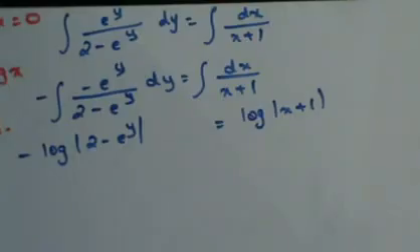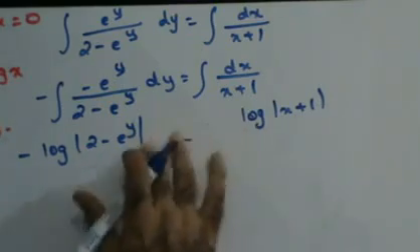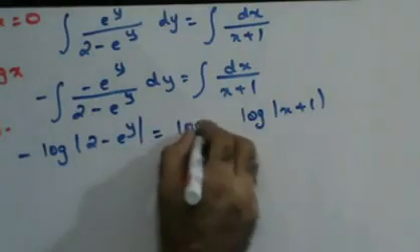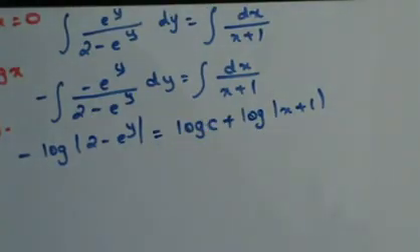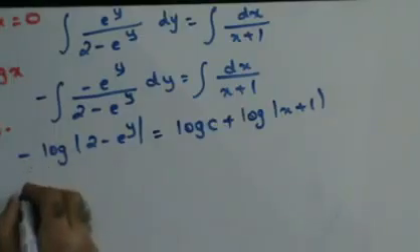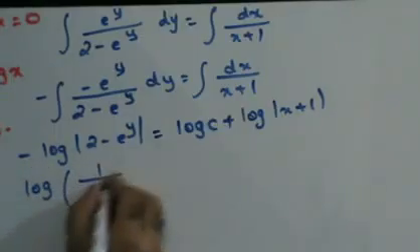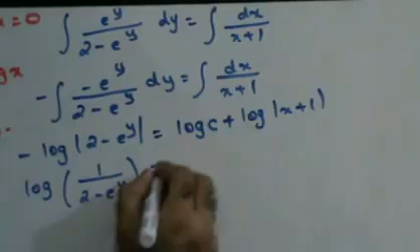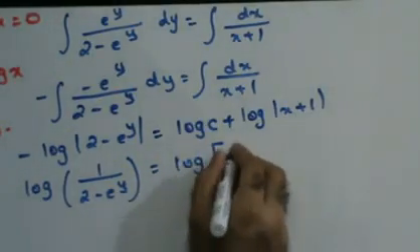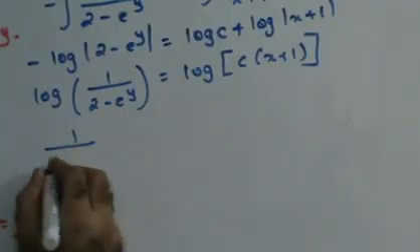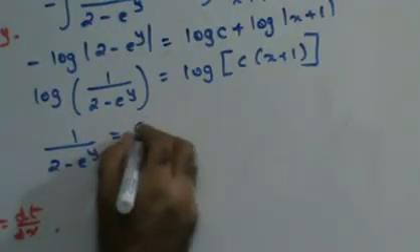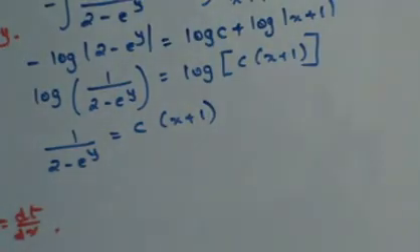Since both the x and the y terms are in terms of log, you will write your constant also in terms of log, log c. Right? Now, in order to get rid of the negative sign, this will become log of 1 upon 2 minus e raised to y is log of c into x plus 1. Log and log get cancelled, so 1 upon 2 minus e raised to y is c into x plus 1.